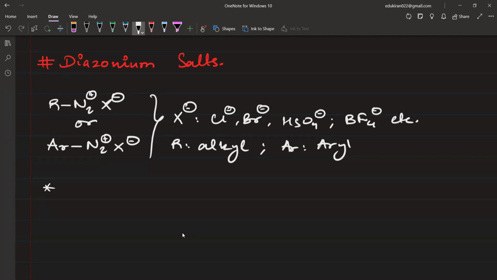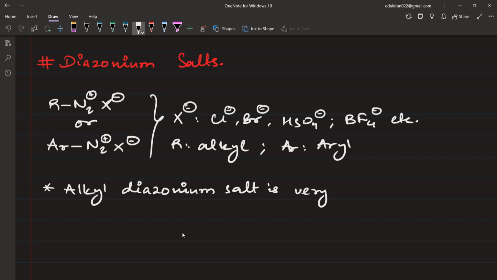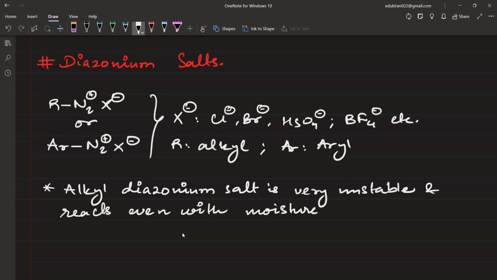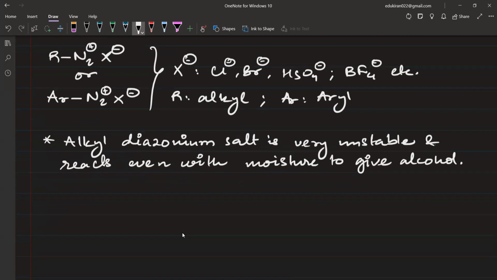So please write: alkyl diazonium salt is very unstable and reacts even with moisture to give alcohol. Moisture means water, the water present in the air.